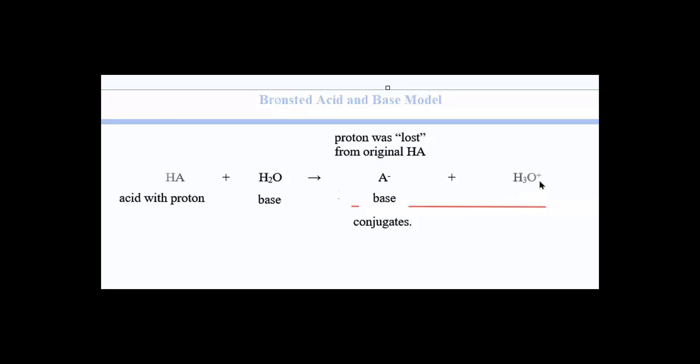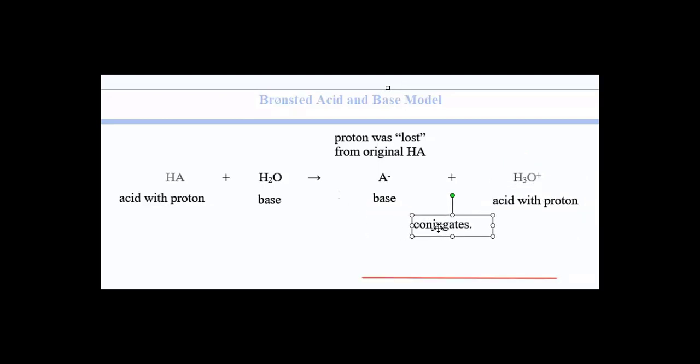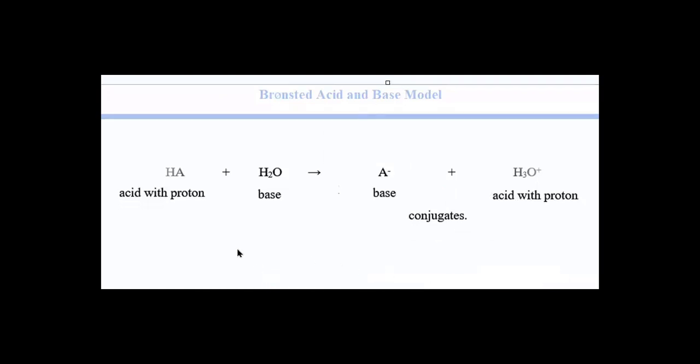So this H3O+ on our product side is identified as the acid because it now has that proton that it picked up. These are our conjugate base and our conjugate acid. And note, our base will always turn into a conjugate acid. We can look at this reaction in terms of acid, base, conjugate base, and conjugate acid.